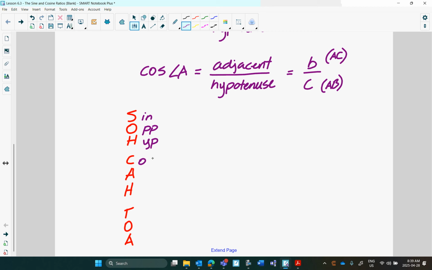C stands for cosine, and when we use cosine, we have to do adjacent over hypotenuse. T stands for tangent, or tan, which we learned at the beginning of this unit, opposite over adjacent. So if you can remember SOHCAHTOA.